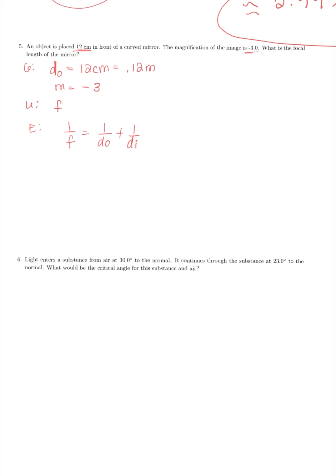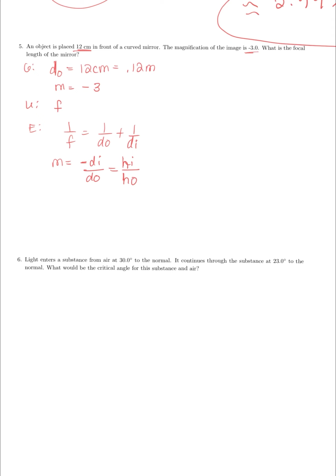Okay, let's see here. We also have our magnification equation, which says m equals negative di over do, which also equals hi over ho, which is the height of the image divided by the height of the object.